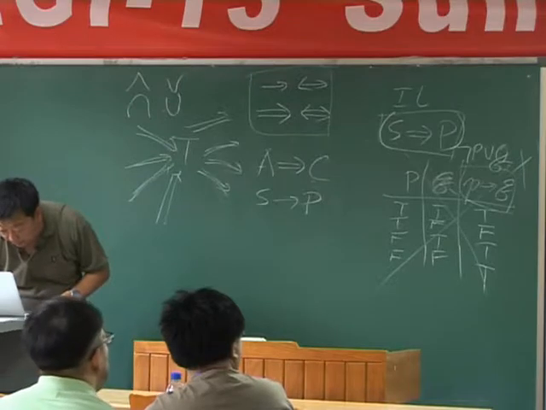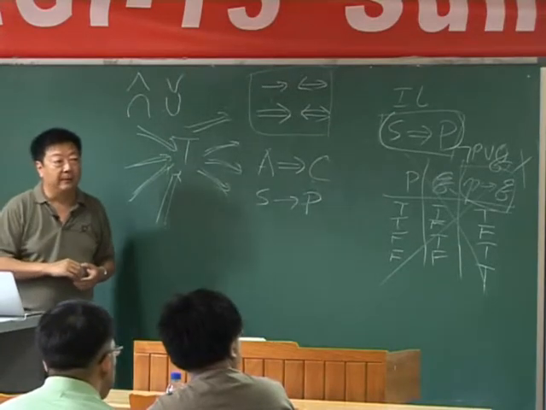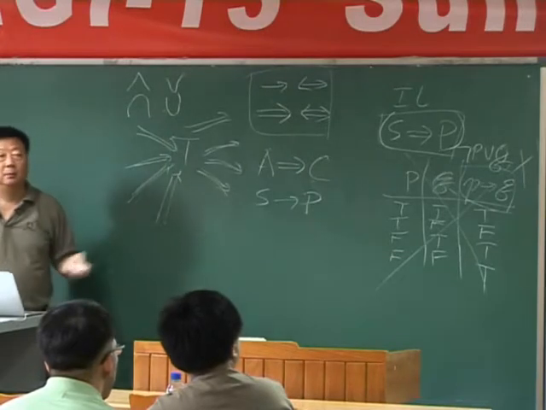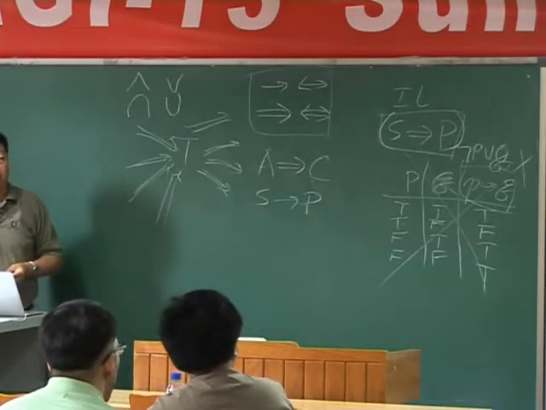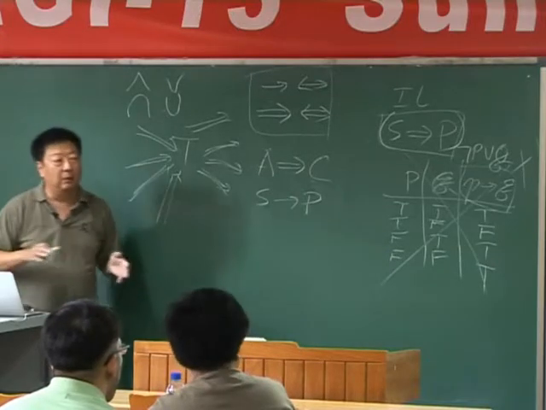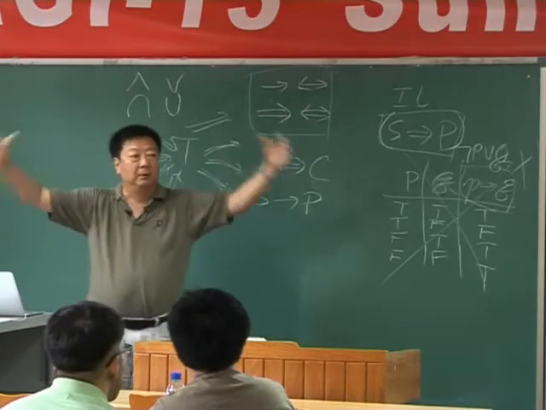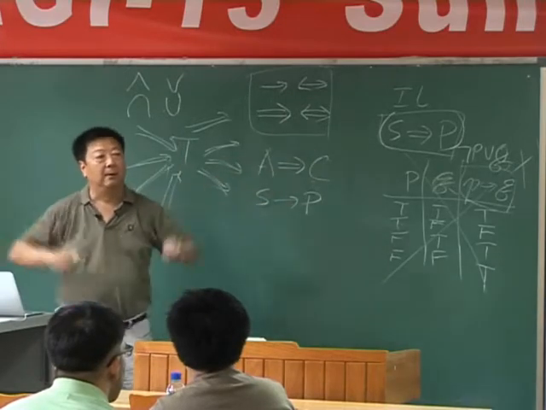And now we also get two new copulas, which are implication and equivalence. So that's the grammar of layer 5, which is pretty simple, but now it becomes much more powerful than the previous layers because you can talk about statements of statements.